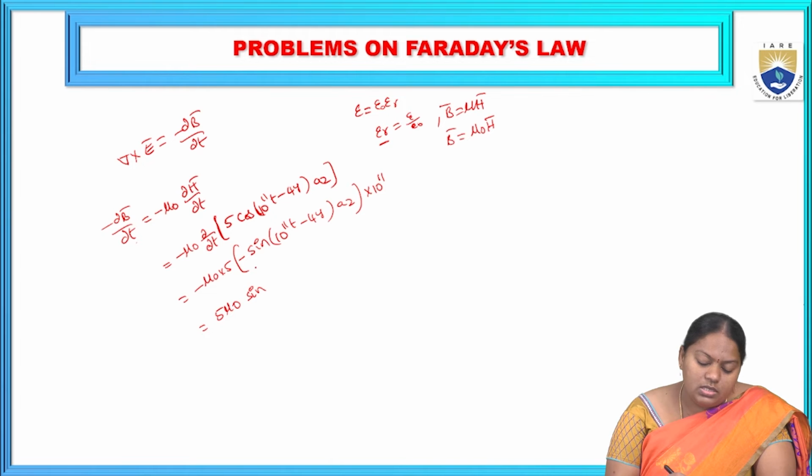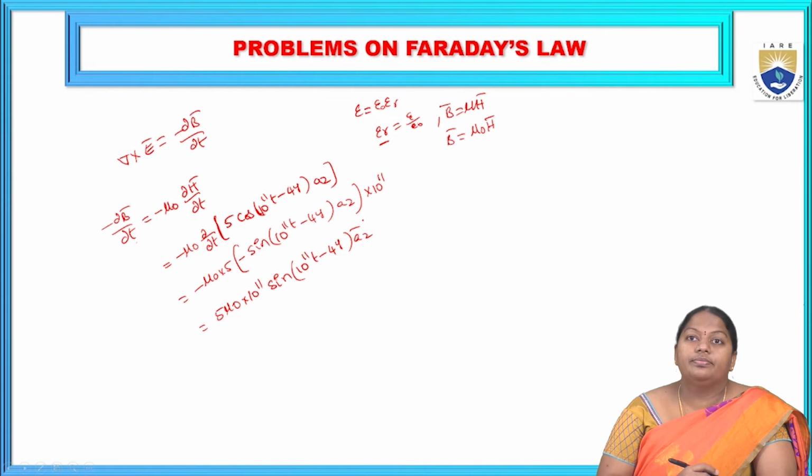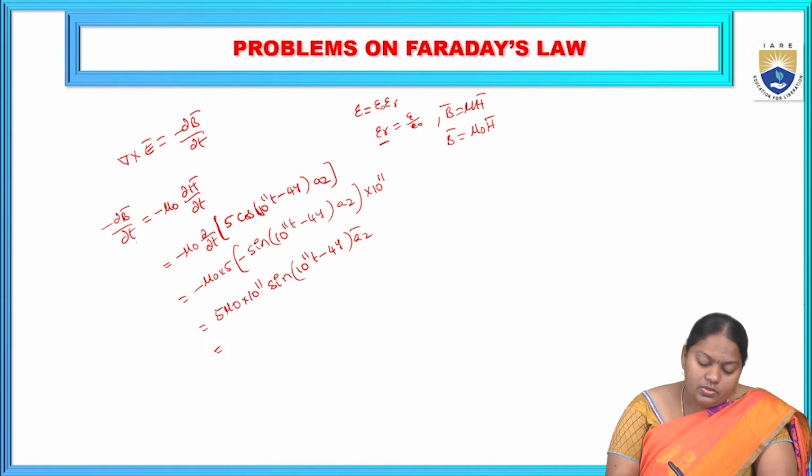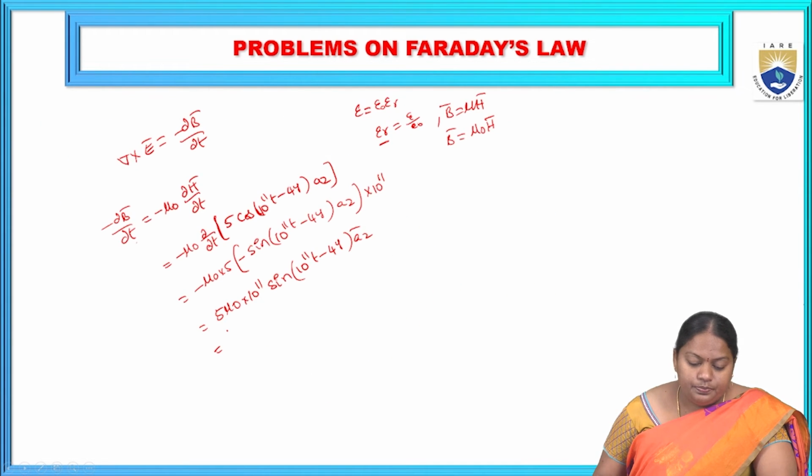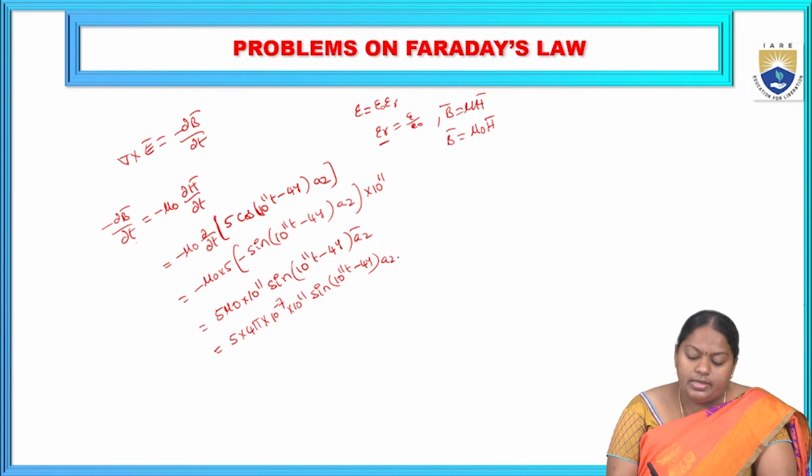So 5 mu naught into 10^11 and sine(10^11 t − 4y) into AZ, which is equal to 5 into the mu naught value, 4 pi into 10^-7, into 10^11 and sine(10^11 t − 4y) into AZ.